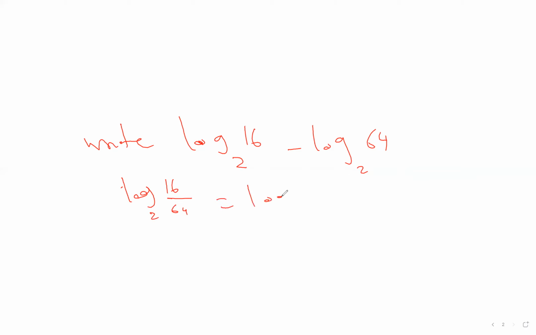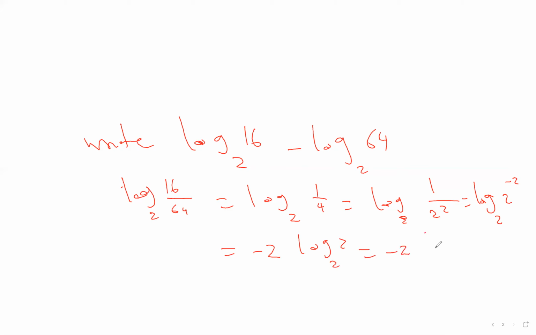It will be log 1 over 2 to the power of 2 to the base 2, which is log 2 to the power of negative 2 to the base 2. And as a property of logarithms, you can put negative 2 as a product. It will be negative 2 log 2 to the base 2, which equals negative 2 times 1 equals negative 2. Okay.